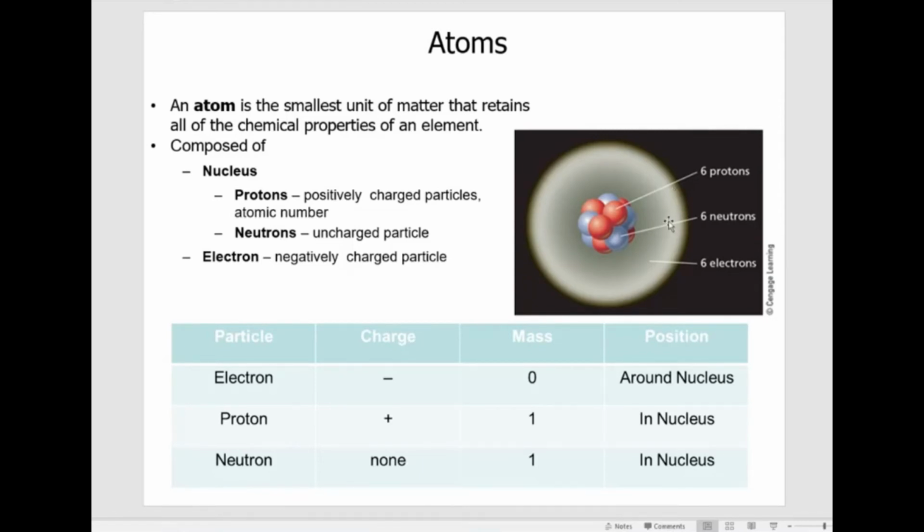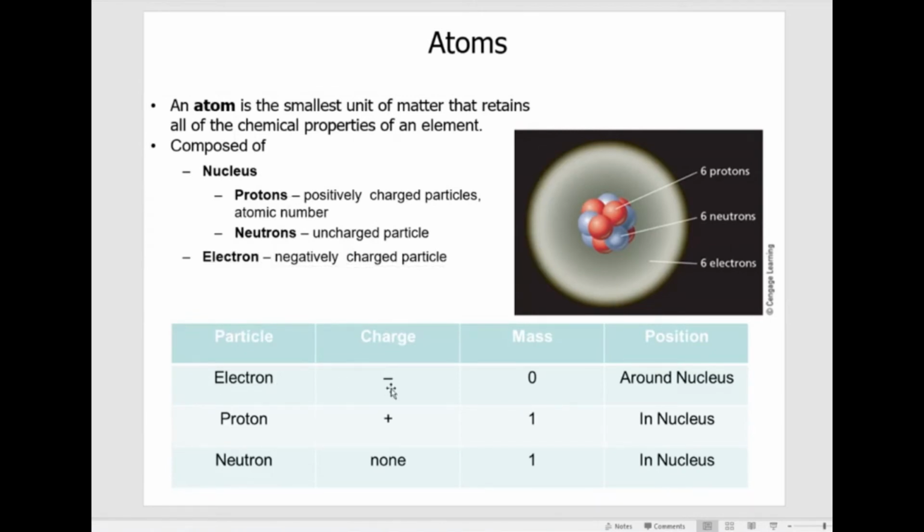They're just trying to give you some color to help you differentiate. But this cloud is formed by high-speed moving electrons. So you have the nucleus in the center, and electrons moving very, very fast around the nucleus. So that's the three components.